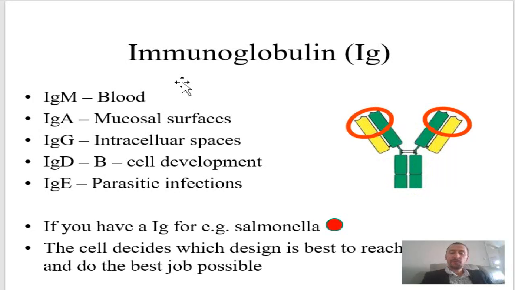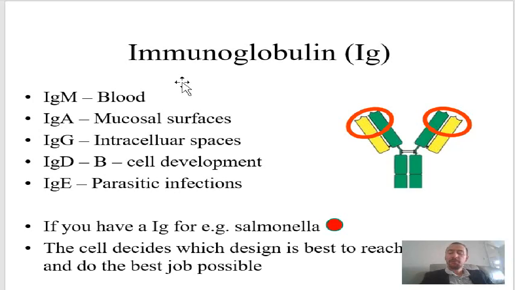When we decide we're going to have a specific immunoglobulin type, the variable region won't change at all. Say we have an immunoglobulin produced against Salmonella. The B cell has a B cell receptor with a variable region that will recognize Salmonella, so we won't change the variable region, but we need to change the constant region, because we need a constant region that's best suited to reach the areas for a mucosal infection.